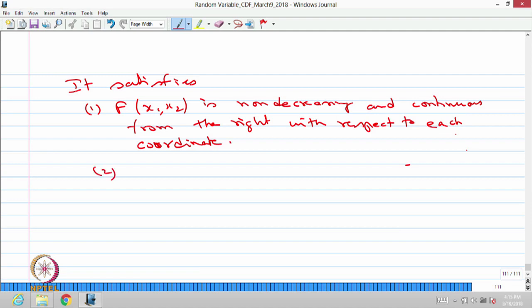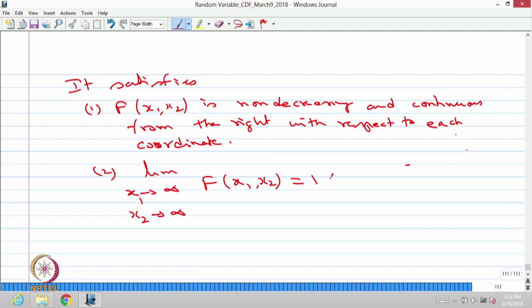Second point: the limit as x1 tends to plus infinity and x2 tends to plus infinity of the CDF F of x1 comma x2 is always 1.